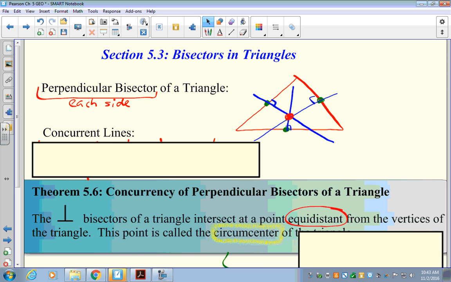So we are making perpendicular bisectors for each of our triangle lines. So there's 3 lines. I'm going to get 3 perpendicular bisectors. They're going to cross, if you make an acute triangle, somewhere in the middle of your triangle.